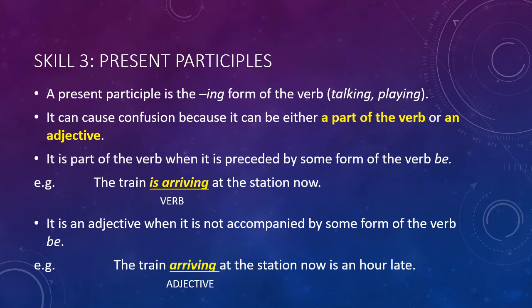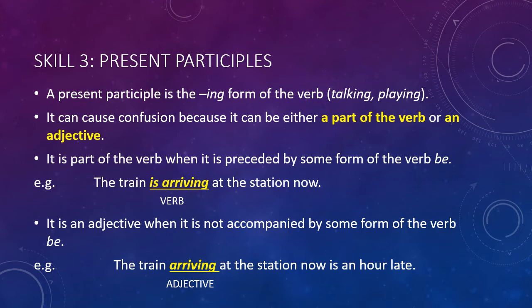But the present participle stands alone without any form of verb. Okay, so here the train arriving at the station is the subject, and arriving here is the adjective modifying the train. So it means which train? Oh, the train arriving at the station.